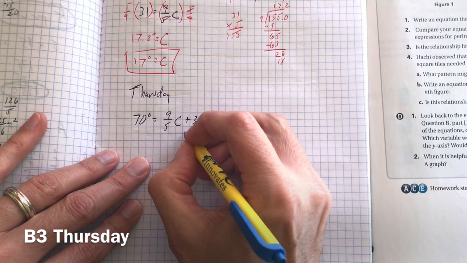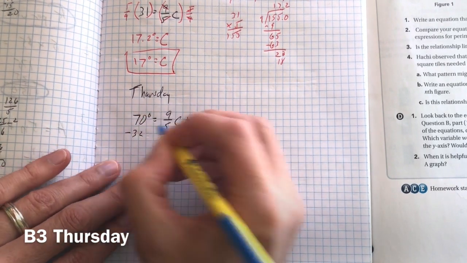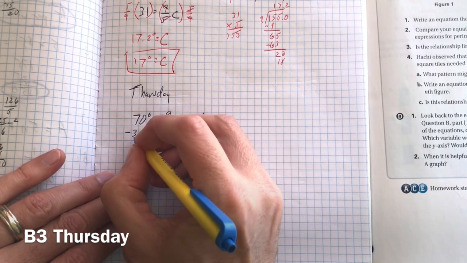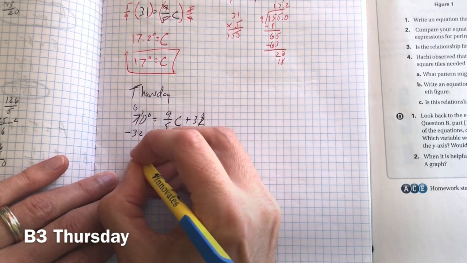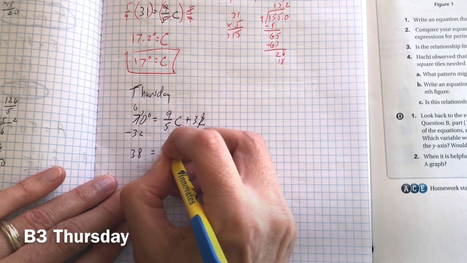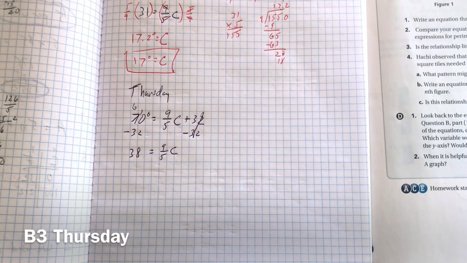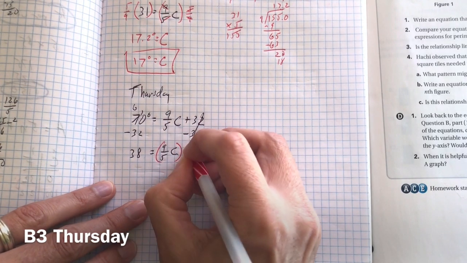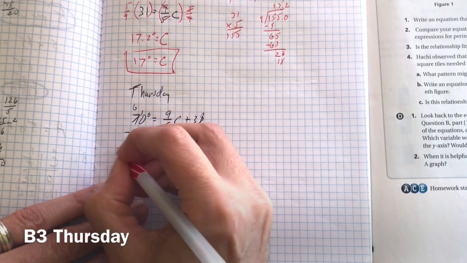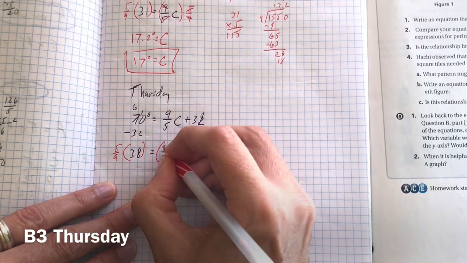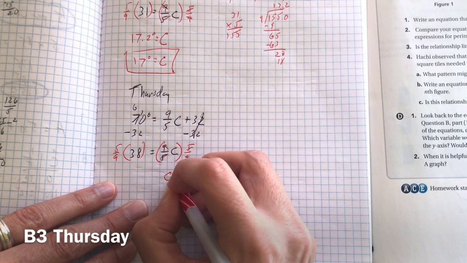Subtract 32, subtract 32. This cancels, and this ends up being 38 equals 9/5 C. Same process: multiply by 5/9 on both sides. These cancel, so I'm left with C.